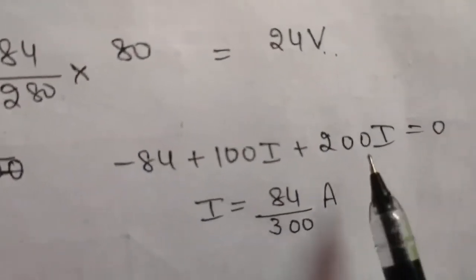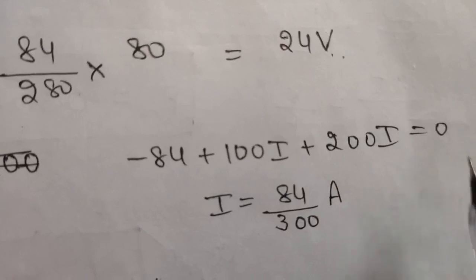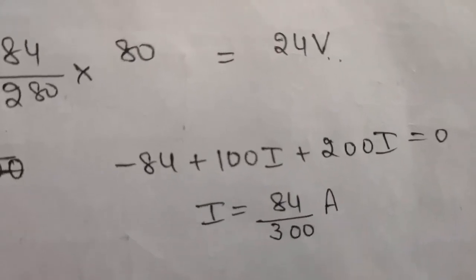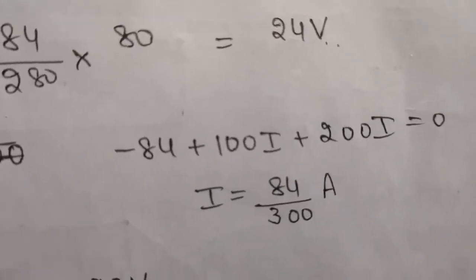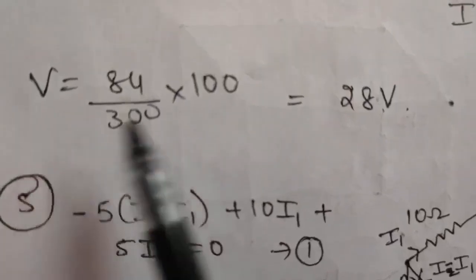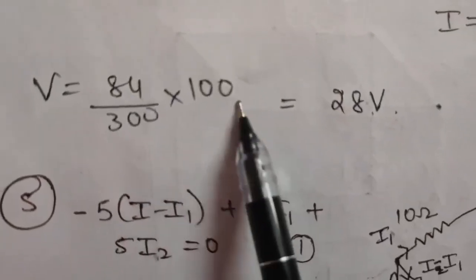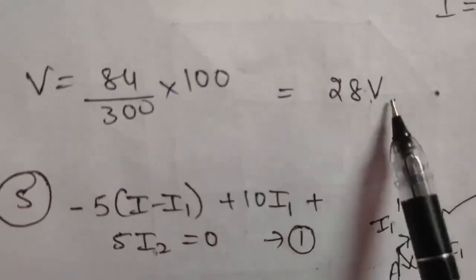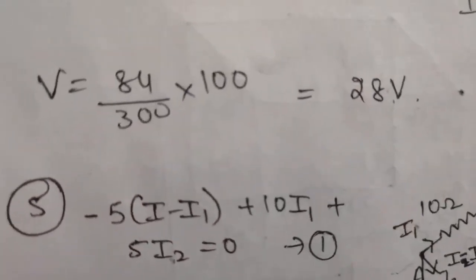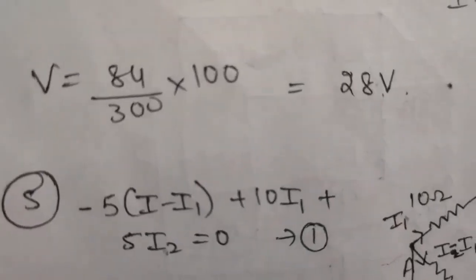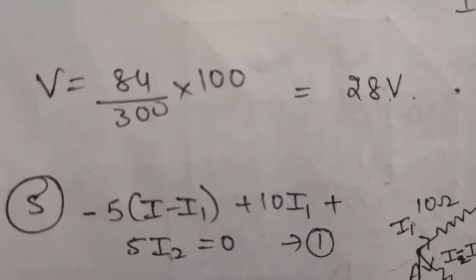That will be minus 84 plus 100i plus 200i is equal to 0. I from here will come to be 84 upon 300 ampere. Now again you can use V is equal to IR. So I here is 84 by 300 into 100. That will give you 28 volts. So this will be the voltage across the 100 ohm resistance when the voltmeter was not connected.